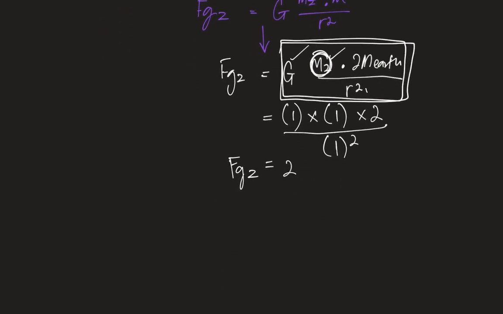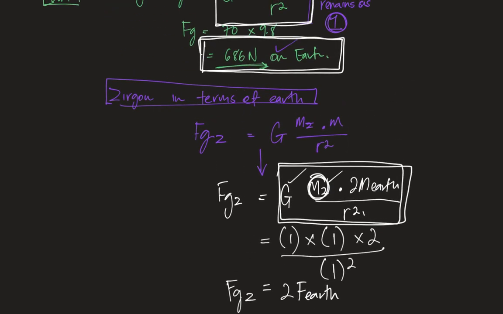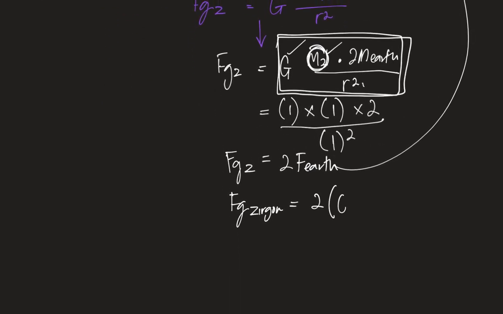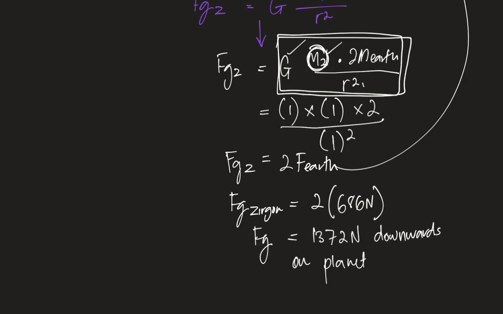So in order to get the force of gravity on Zygon, we say 2 times whatever the force was on Earth, which was 686 newtons. That gives me the force of gravity as 1372 newtons downwards on planet Zygon.